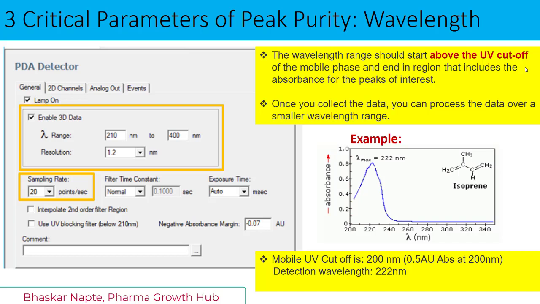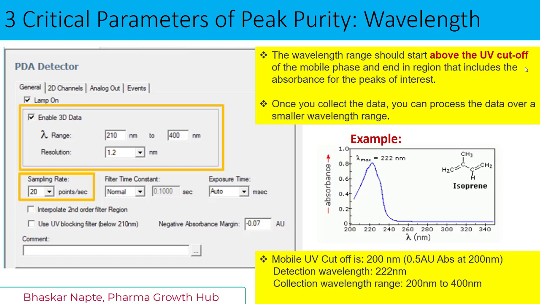Let us assume that for this example, our mobile phase UV cutoff is 200 nanometer. That means you will get an absorbance value of around 0.5 AU at 200 nanometer. Now, what is the detection wavelength for this particular method? It's 222 nanometer. So you are going to collect the wavelength from the range of 200 nanometer to 400 nanometer.